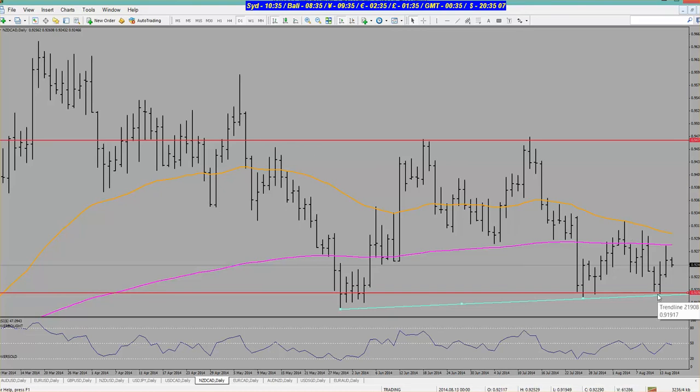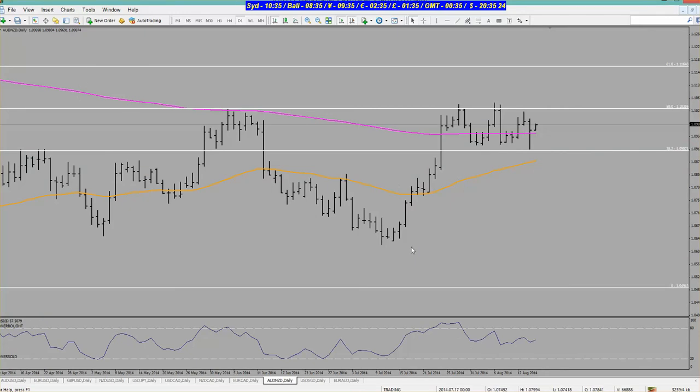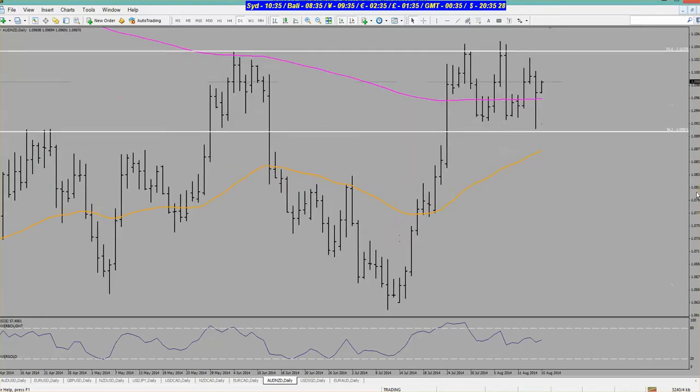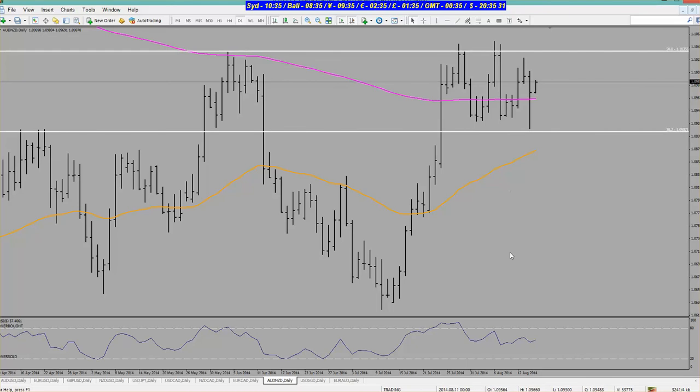This one failed to make a lower low, so it could be a range trade, but it's not something that I'd want to participate in. I just don't see it as clearly as say the Aussie Kiwi as a range. If you're looking at it as a range trade, that one to me is a bit clearer, because there is clearer divergence.